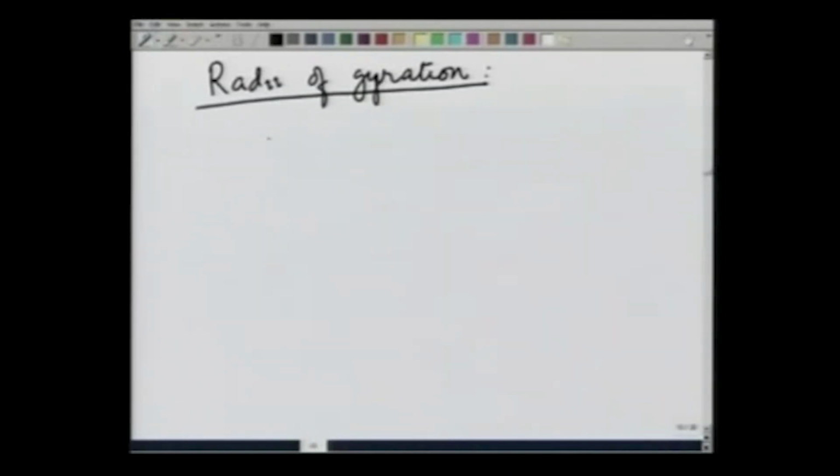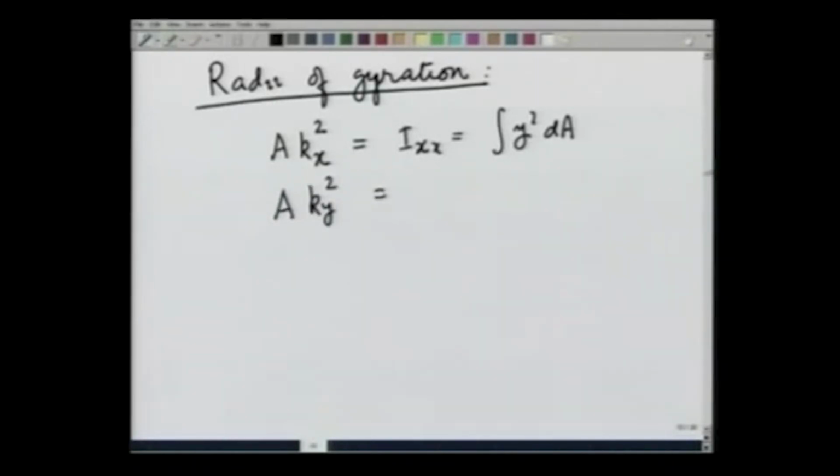The radius of gyration kx of an area A about the x-axis is defined through the relationship A kx squared equals Ixx equals integral y squared dA, and the radius of gyration about the y-axis is defined as A ky squared equals Iyy equals integral x squared dA.